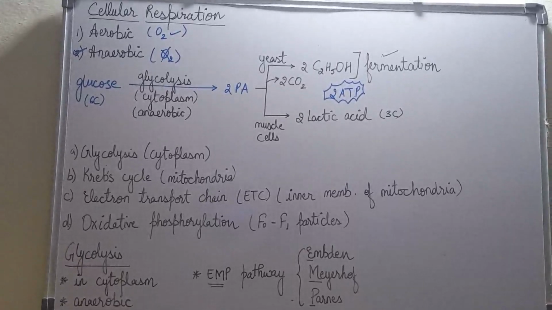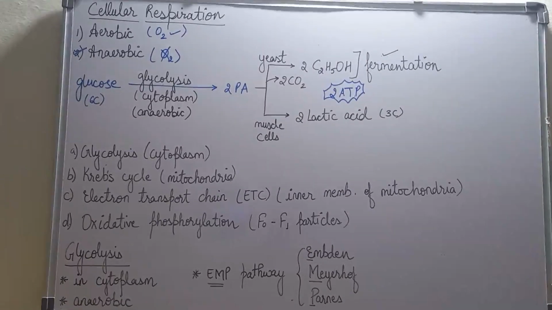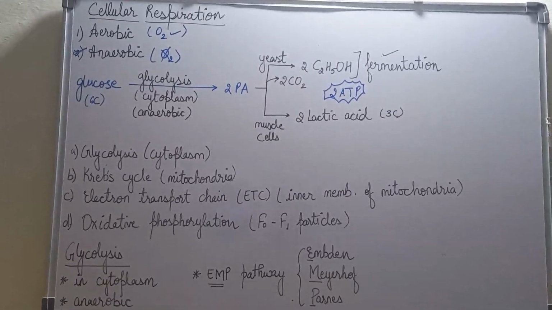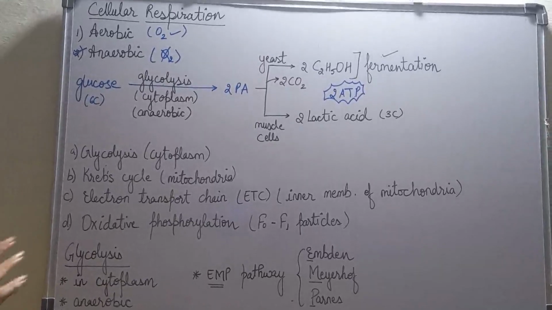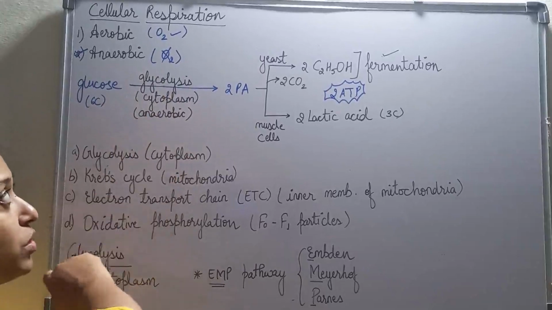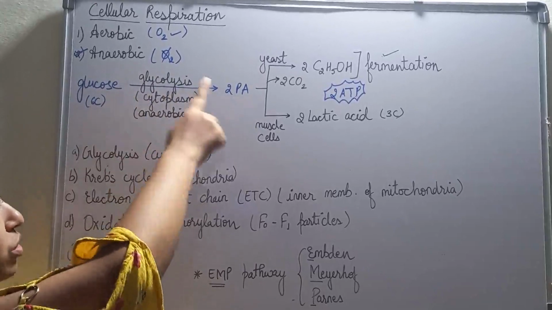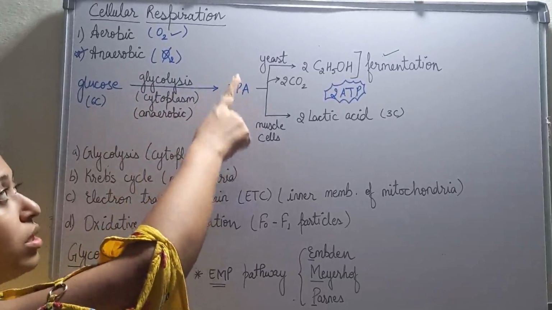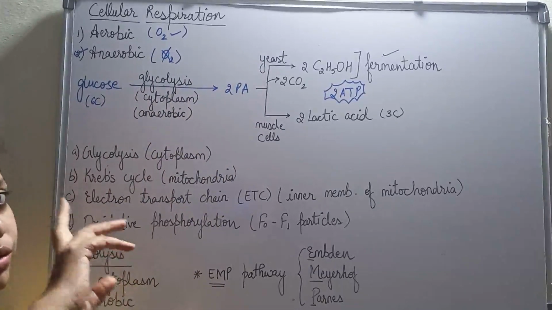So remember, in the absence of oxygen, these two reactions take place. First of all, glucose undergoes the glycolysis process in the cytoplasm, and glycolysis is an anaerobic respiration. Through glycolysis, glucose converts into pyruvic acid. Then this pyruvic acid converts into two things.